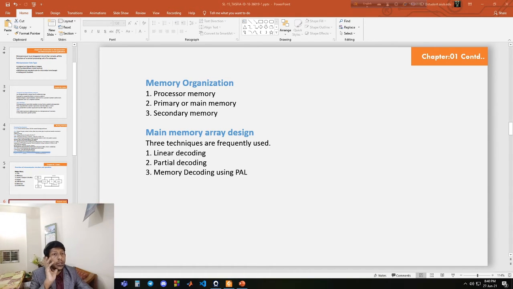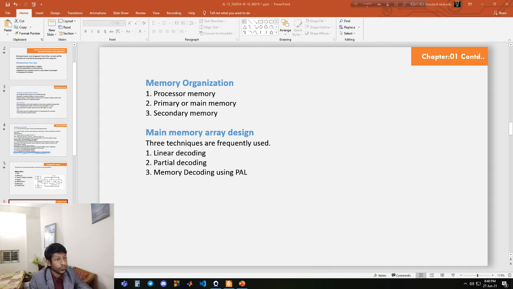We call it cache memory, and the cache memory is high cost and there is no delay in data transfer. Primary memory or main memory is RAM and ROM, and the secondary memory is hard disks and other storage devices. So now let's move to the linear main memory array assign.